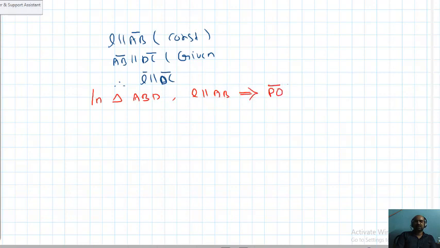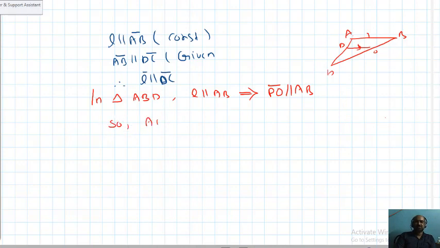PO is part of L only, no? PO parallel to AB. Okay, see, again I want to draw a small diagram for this. This is A, B, D, here P, O, this is parallel to this. Now I can use BPT for this triangle.